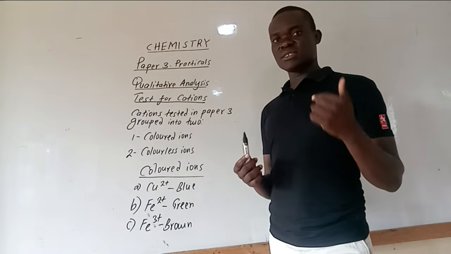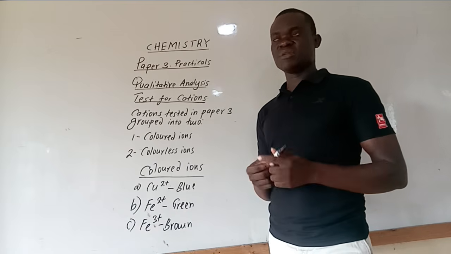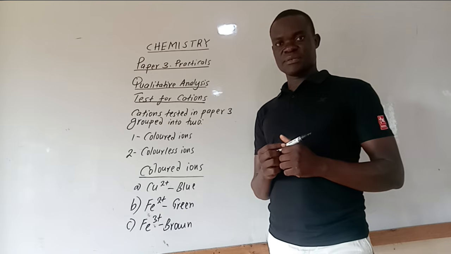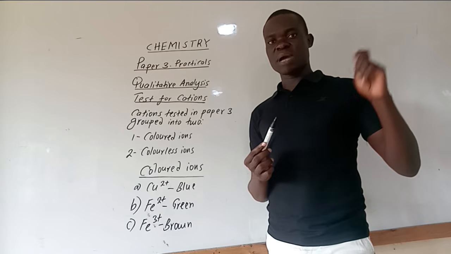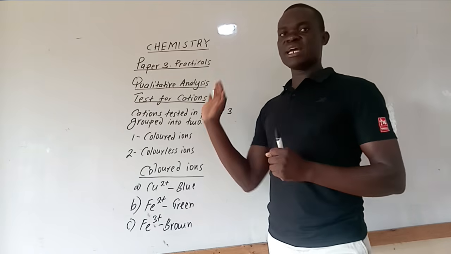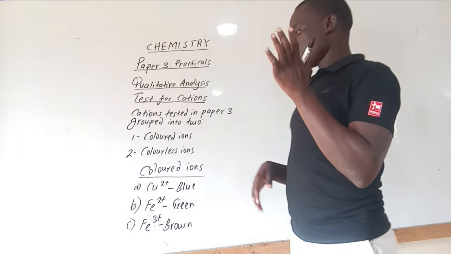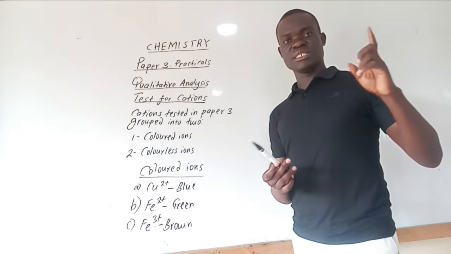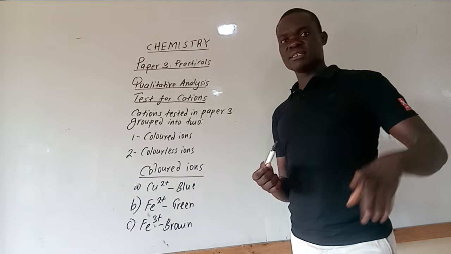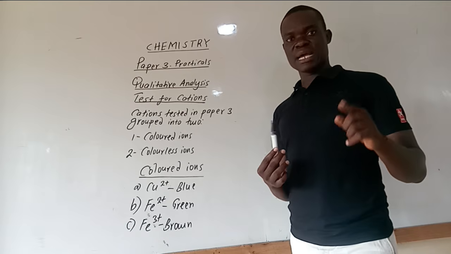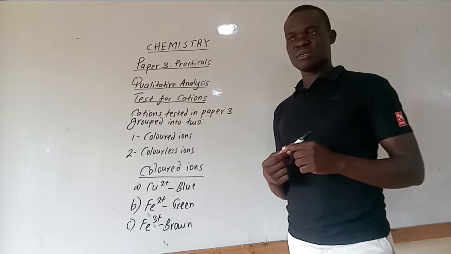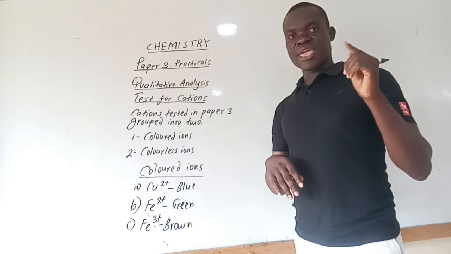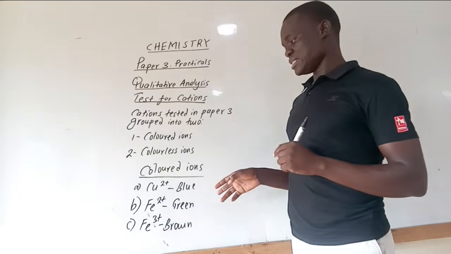But when we are given a certain solid that we don't know and we dissolve it in distilled water, and it dissolves to form a blue solution, in the inference part we say copper 2 ion present. When it dissolves to form a green solution, in our inference part we say iron 2 ion present.